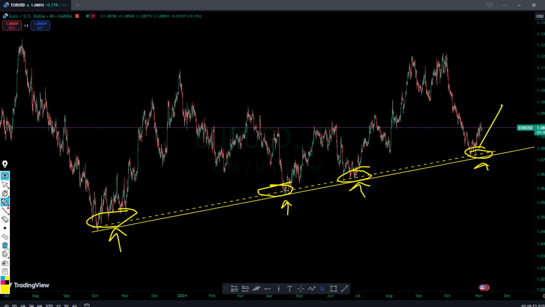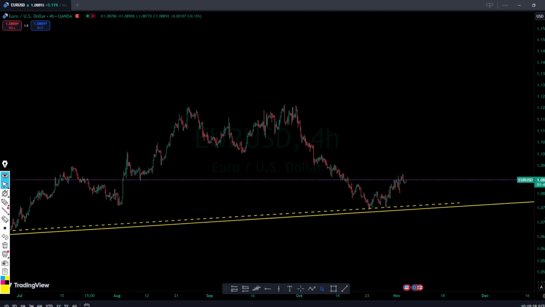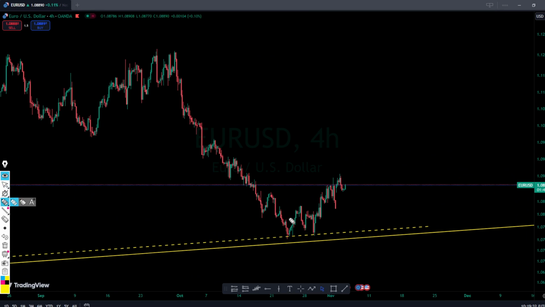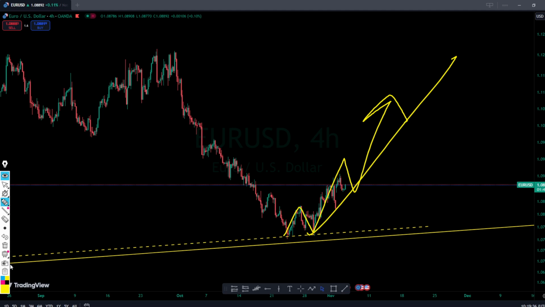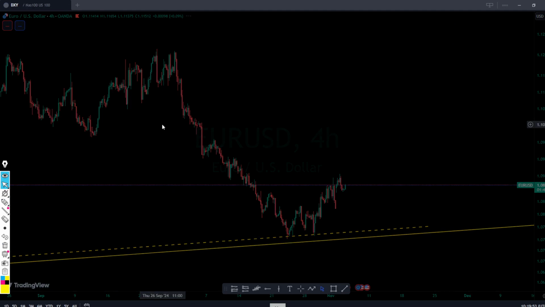So yes, the market is still playing games, but once the market touched the support area, it did not waste any time to push to the upside. You can see that the market did push to the upside. So am I still expecting to see that? Yes, the market might just play around, but remember, we have rate cuts on Thursday. So once they cut the rates in the US, maybe we will see a continuation of this buy, or aggressive buy going further.